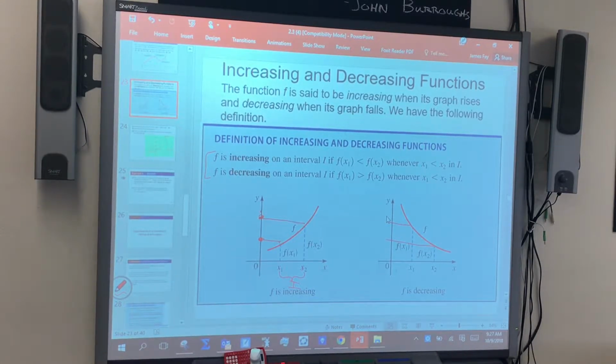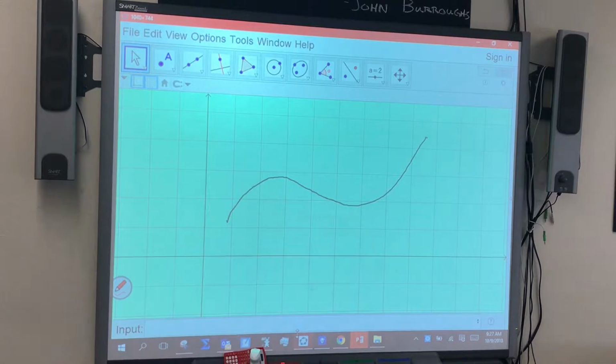Now the idea is that we want to make sure that that interval x1 to x2, that there's only one behavior happening in between that interval, okay? So for instance, I would not look at this and say that, if this is x sub 1, so this would be my f of x sub 1, right? Okay?